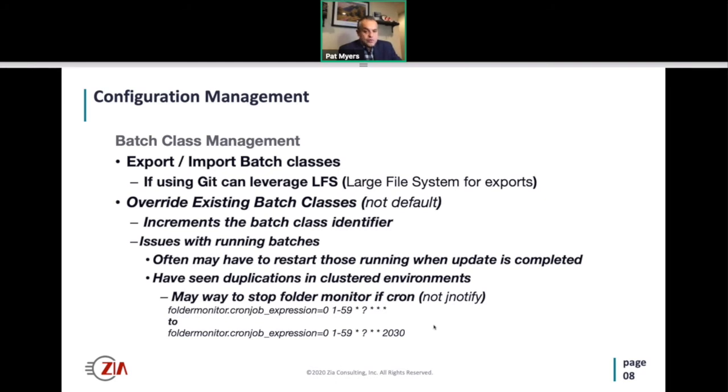Configuration management is just how you promote different configurations throughout your different environments, so dev to staging, or UAT to staging to production, and how you actually retain those files in some sort of source code system, as well as how you're doing deployments.